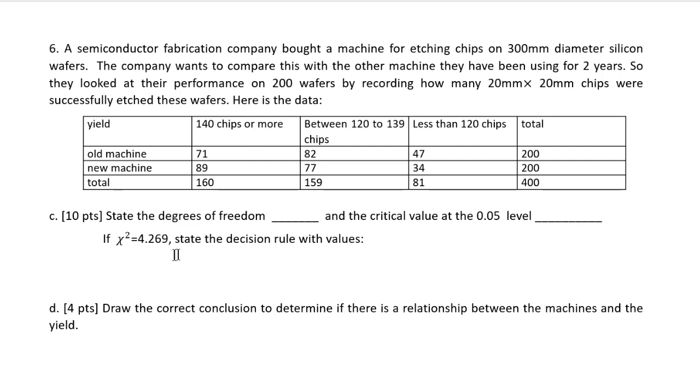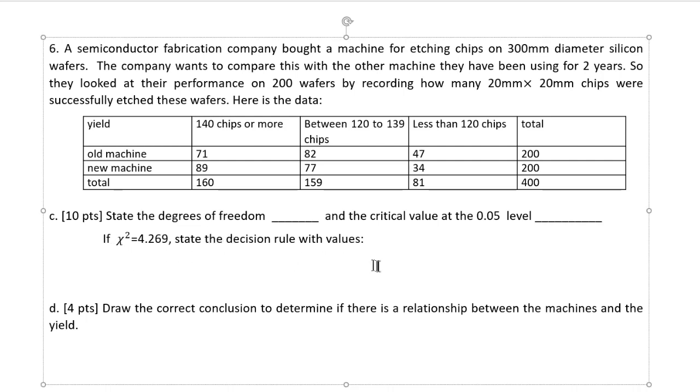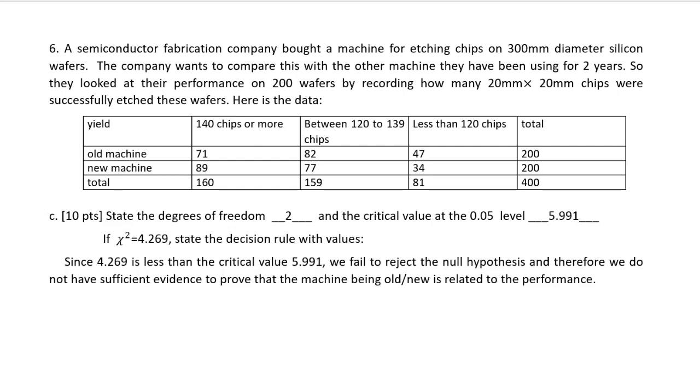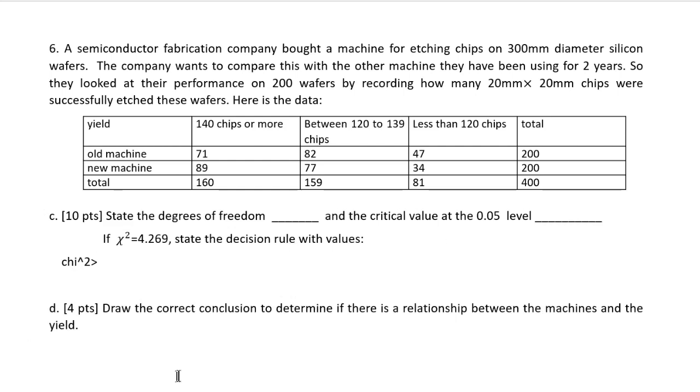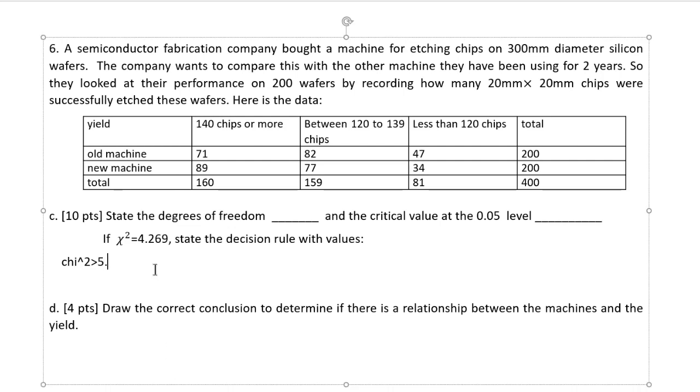Okay. So sorry. For the decision rules with values, it's that if chi-squared is bigger than 5.991, then what you do is you reject null.